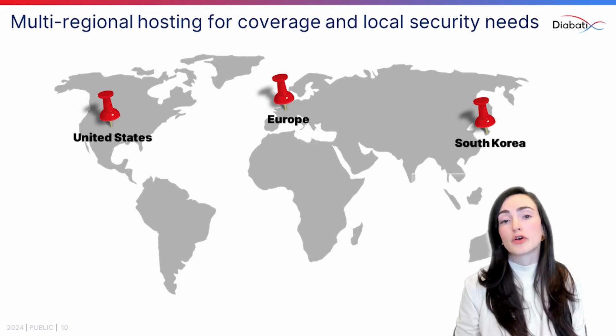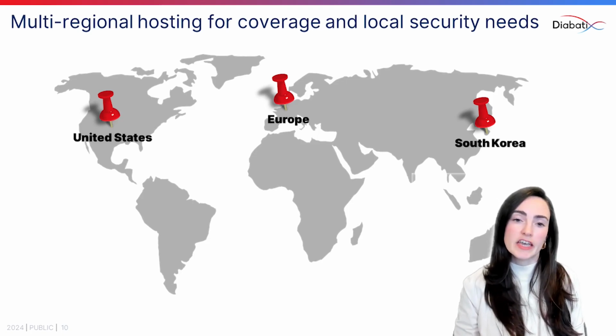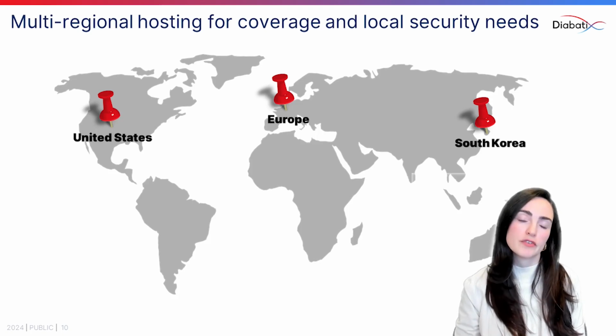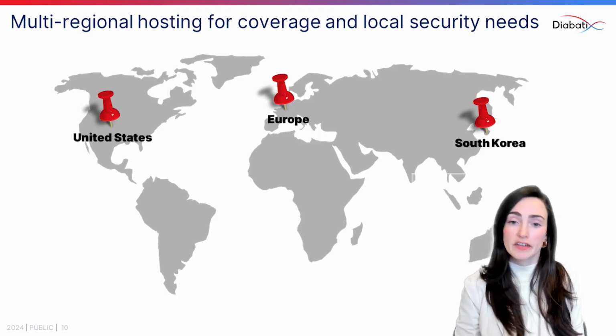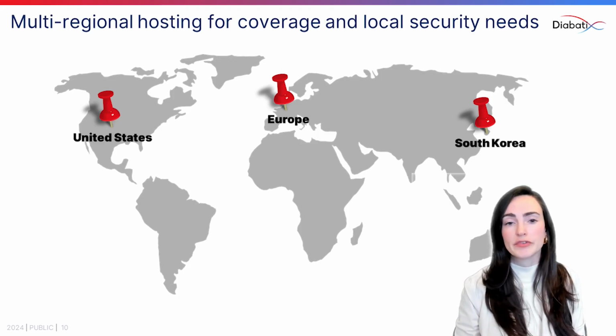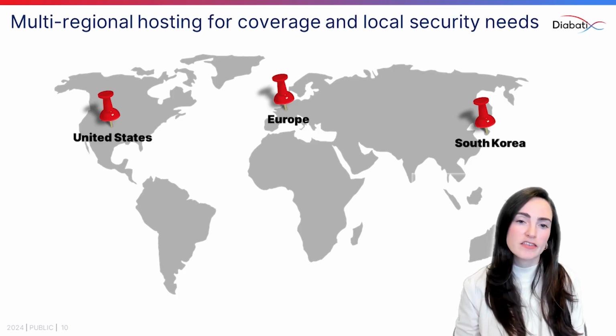Similarly, our presence in South Korea ensures that users in the Asia-Pacific region experience enhanced performance and responsiveness. And the inclusion of the United States in our hosting locations caters to a vast user demographic, providing quicker access and efficient utilization of ColdStream capabilities.